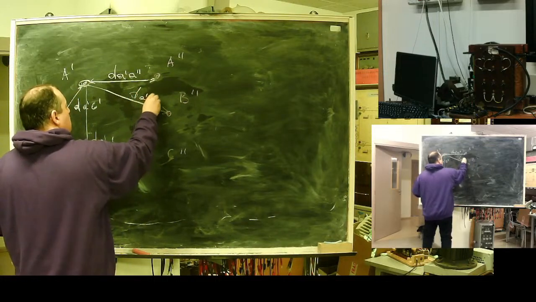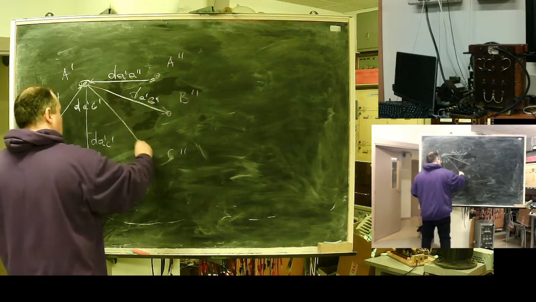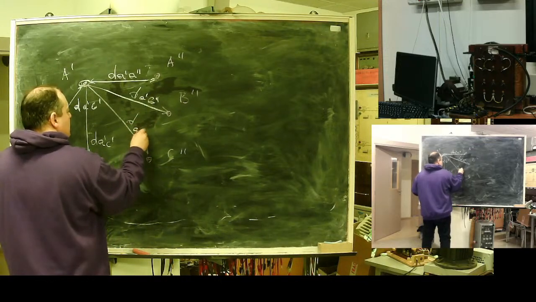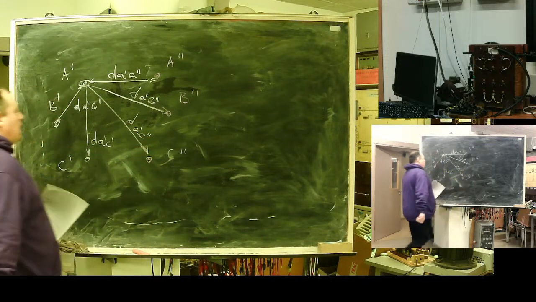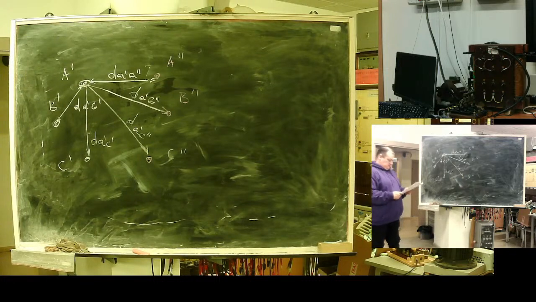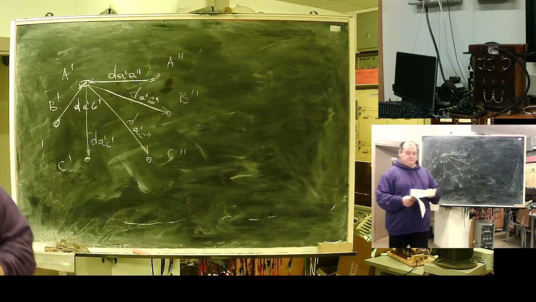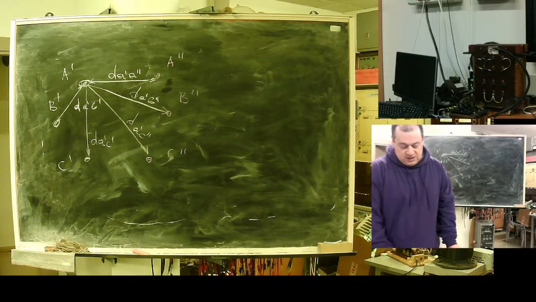Distance A1, B2, and distance A1, C2. The idea is clear. How are the distances marked? Why am I doing this?